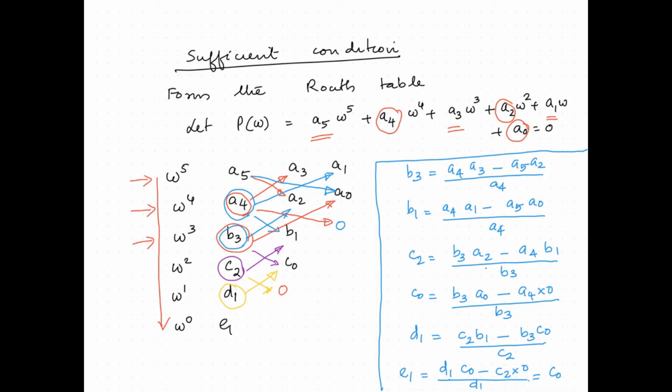Likewise, we form the Routh table. Once you form the Routh table, you check whether the signs of the first column elements are the same. It can be either all positive or all negative. If all the elements have the same sign, then we can say that the system is stable.